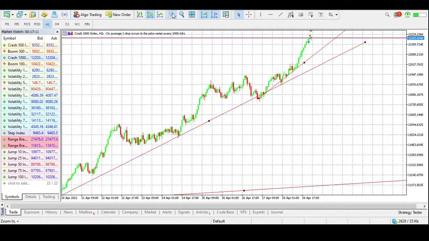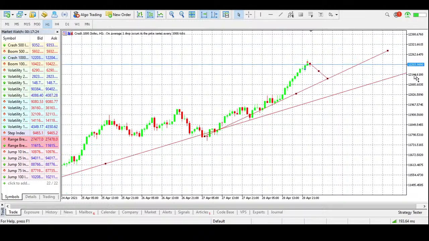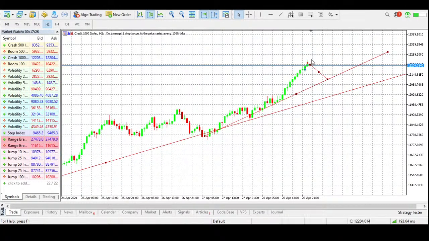We were saying that this price will attempt to come and hit this support. From here it will attempt to come down. If it doesn't, it's going to go up again. The candles are going to go back up, but eventually it will come down, and if it breaks this, it's going to spike downward.